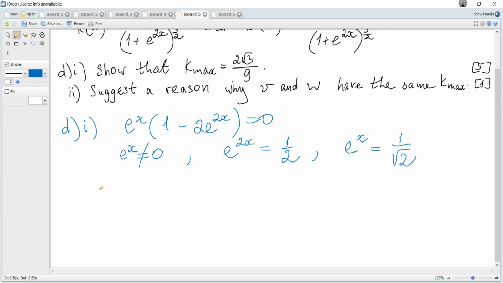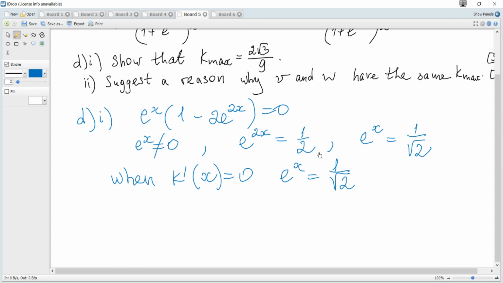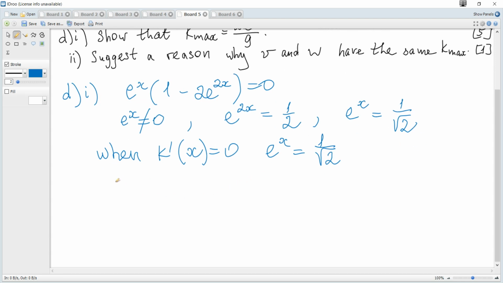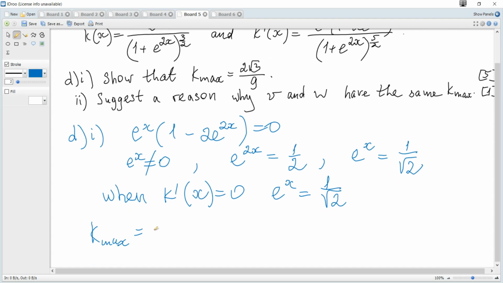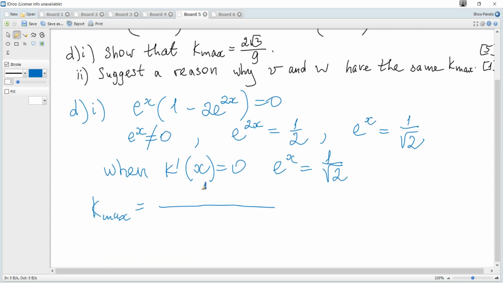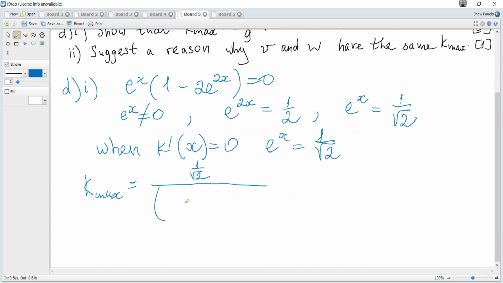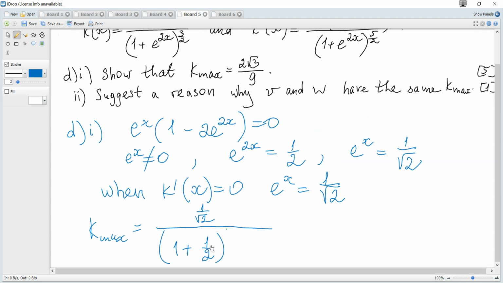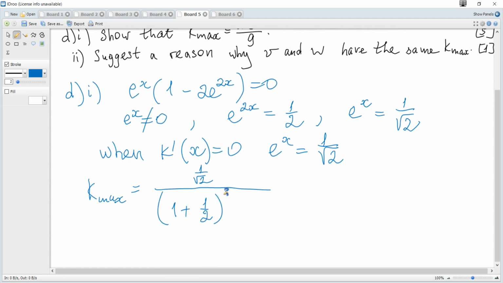So let's rewrite. When the derivative is equal to 0, e to the power of x is 1 over square root of 2, to be more clear. So k max is e to the power of x, which is 1 over root of 2, divided by 1 plus e to the power of 2x, which is a half, to the power of 3 over 2.